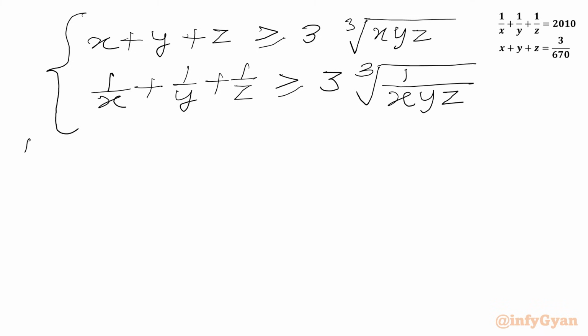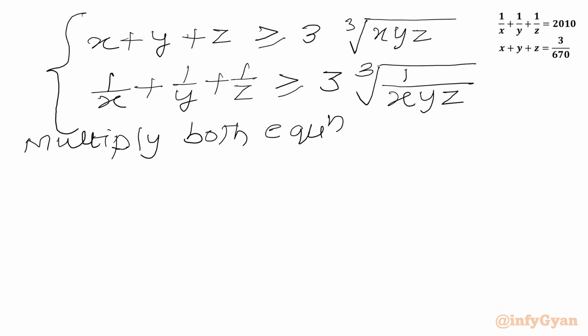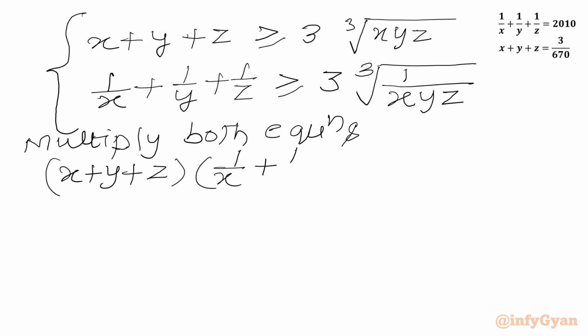So let's multiply both the inequalities. We'll get x plus y plus z times 1 over x plus 1 over y plus 1 over z. This must be greater than or equal to 3 times 3 is 9. Cube root of xyz divided by cube root of xyz, value will be 1.